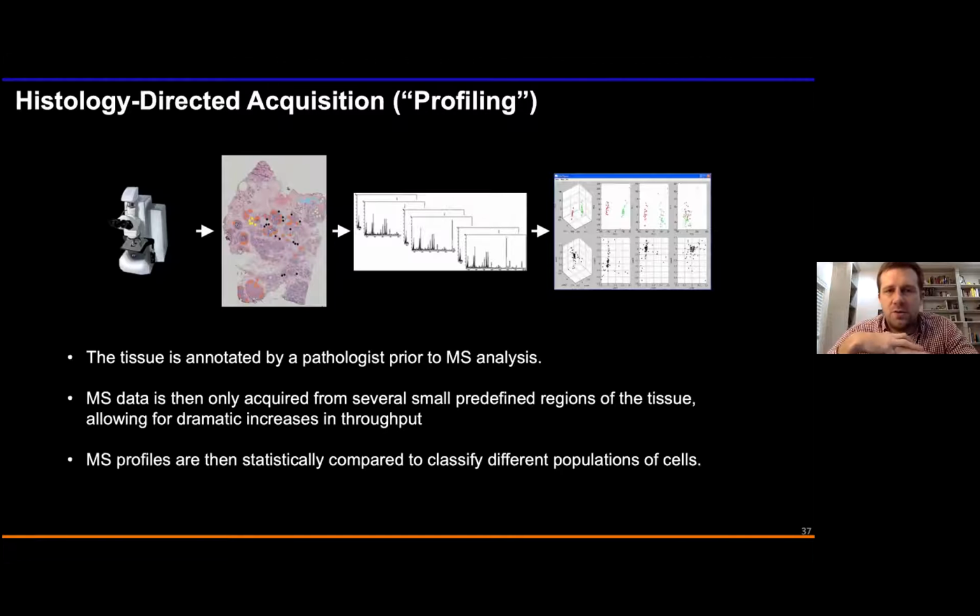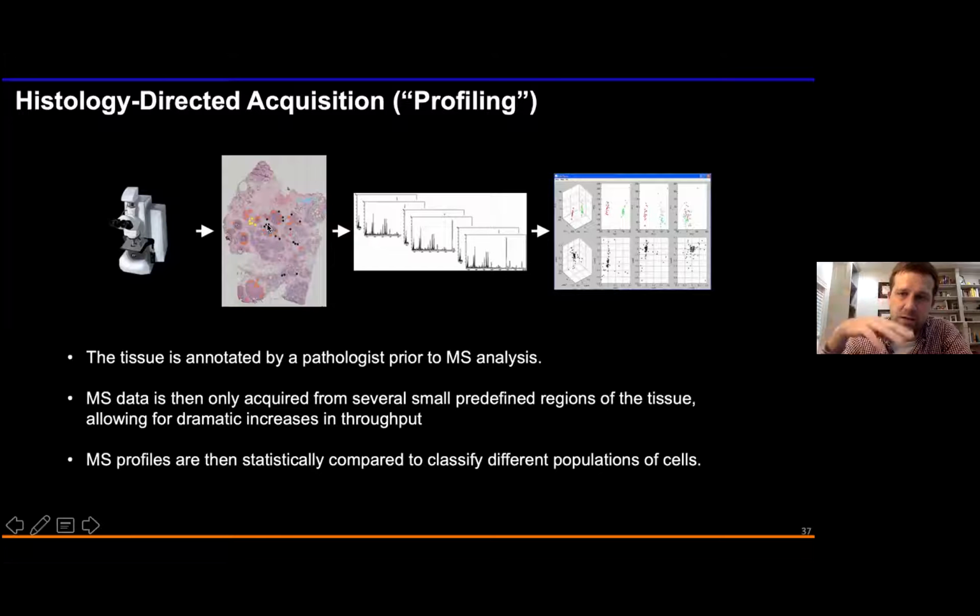We can also do what's called histology-directed acquisition or profiling imaging mass spectrometry. In this case, we would have the tissue first annotated by a tissue pathologist prior to mass spectrometry analysis. And then we would only acquire mass spectrometric information from small predefined regions of the tissue.